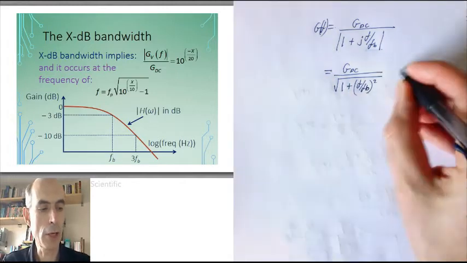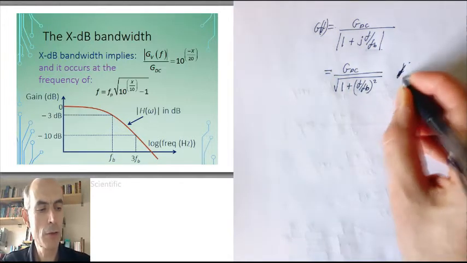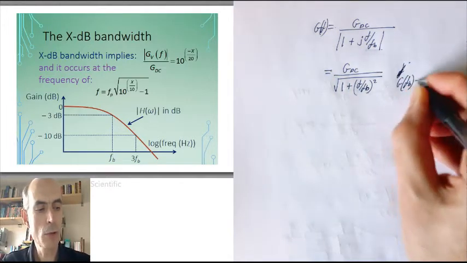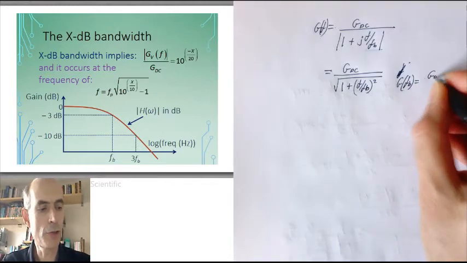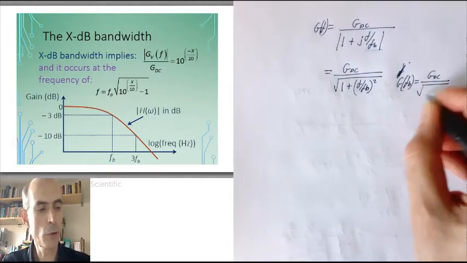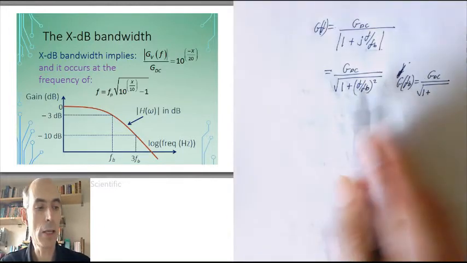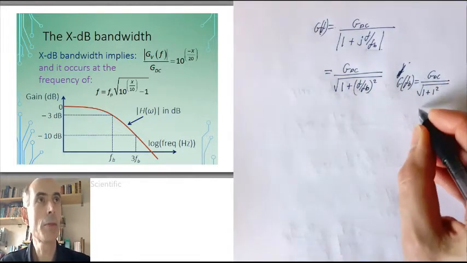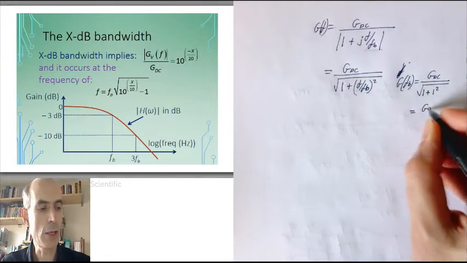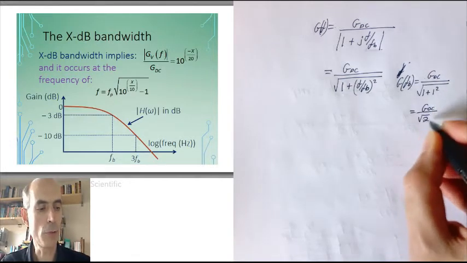Or writing that down so you don't have to remember all of it, G of FB would just be G of DC divided by the square root of 1 plus FB over FB, which is 1, squared, and that's just equal to GDC over the square root of 2.